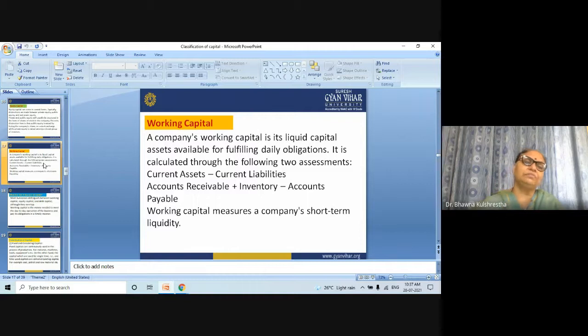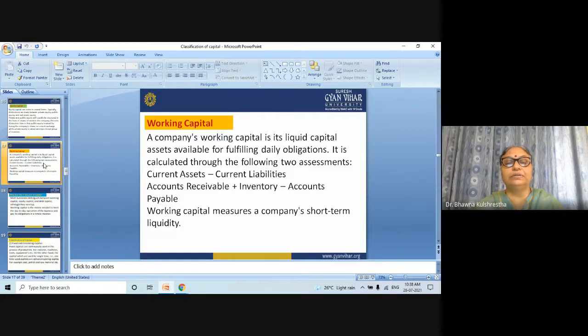Working capital is a company's liquid capital, assets available for fulfilling daily obligations. It is calculated through the following two assessments: current assets minus current liabilities.